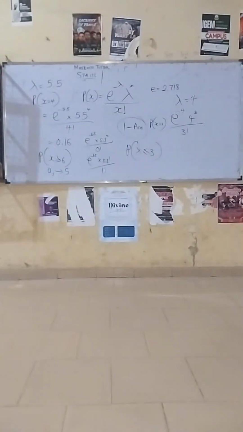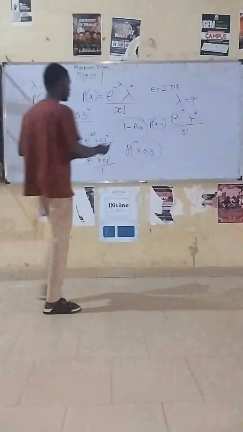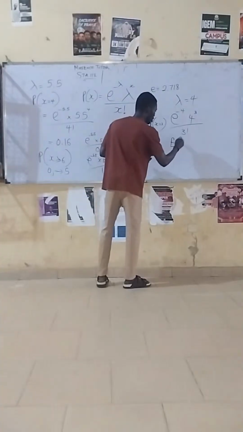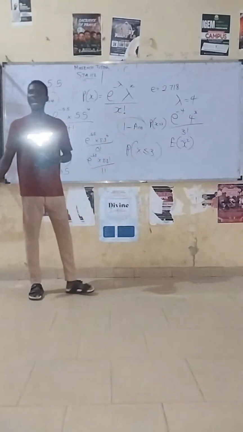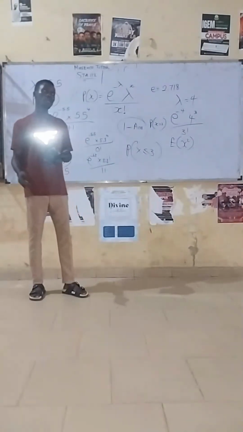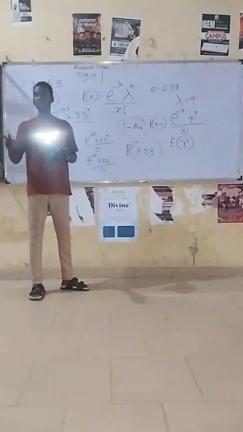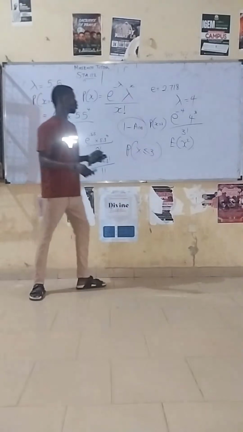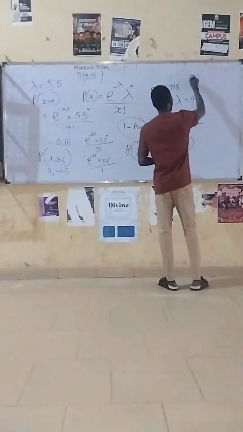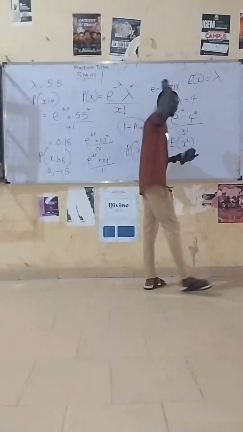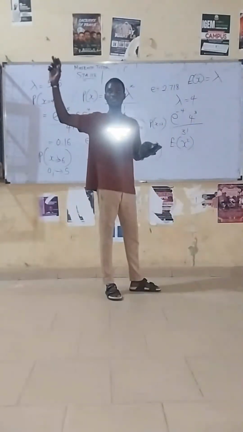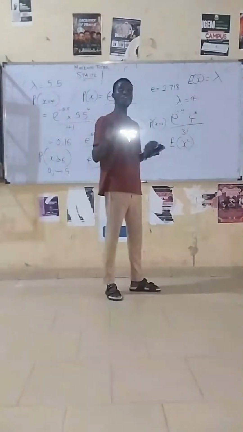Now the third part says find E of x squared. I want to show you how we got the formula for E of x squared. For Poisson distribution, the mean E of x is what?